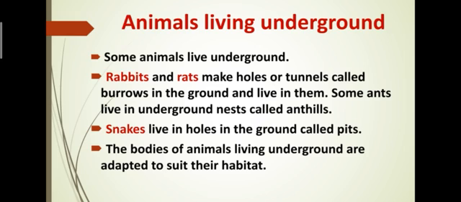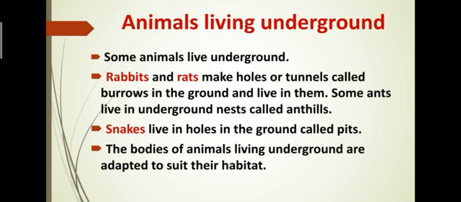Animals living underground. There are so many animals who are living beneath the earth's surface in holes and tunnels, that is also known as burrow. Rabbits and rats make holes or tunnels. Ants live in ant hills.